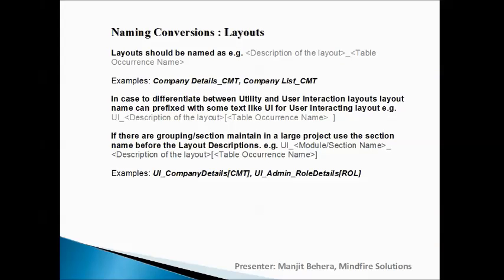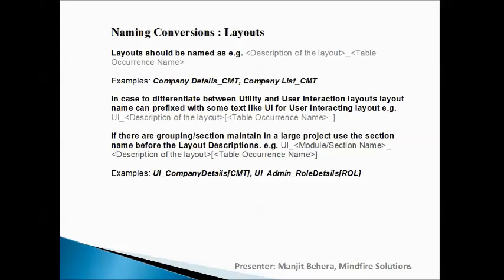Then naming of layouts. Layouts should be named simply: the description of the layout, underscore, the base table occurrence on which the layout is created. For example, company details underscore CMT means the base table of the layout is CMT, the company. Company list underscore CMT means its base table is CMT, and the company list shows the list of the companies.